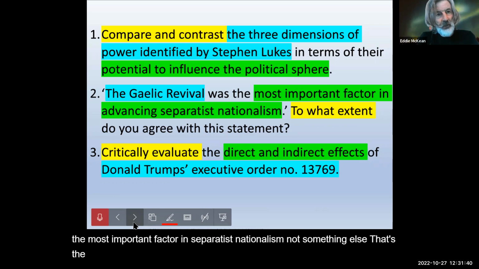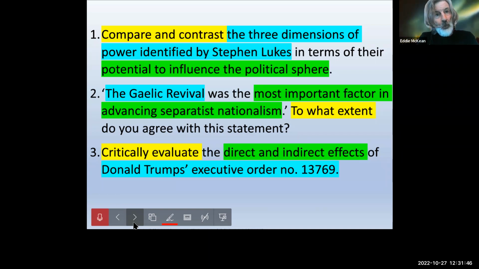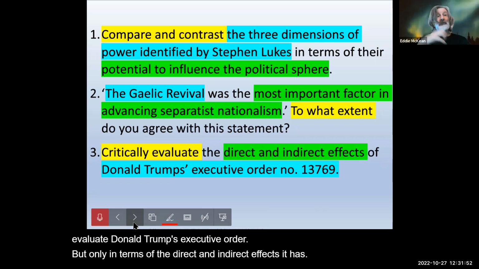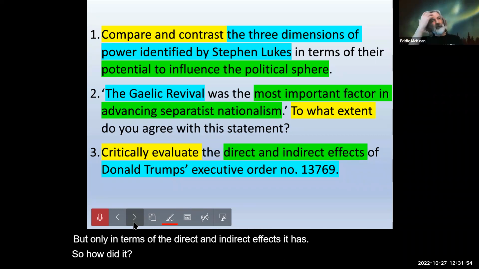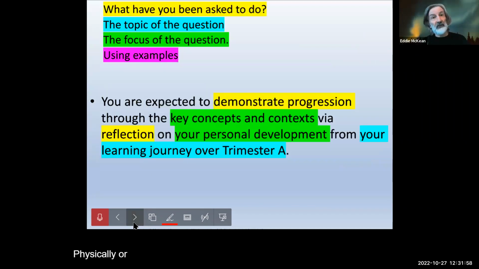And then in the final one, you've been asked to critically evaluate Donald Trump's executive order, but only in terms of the direct and indirect effects it has. So how did it physically or politically affect things, indirectly or directly?